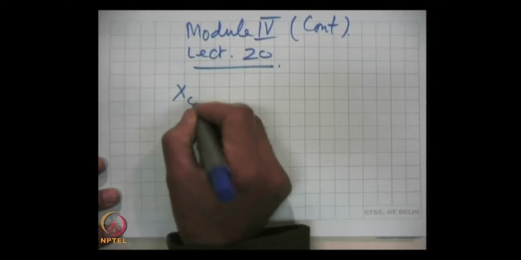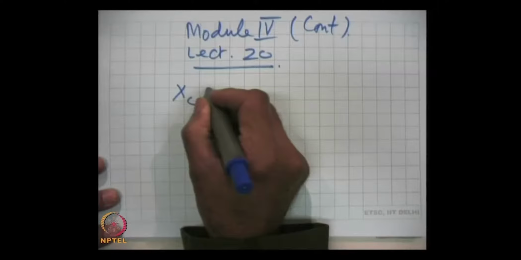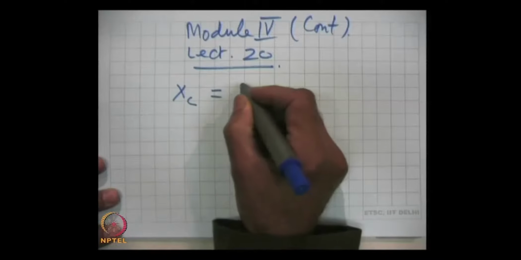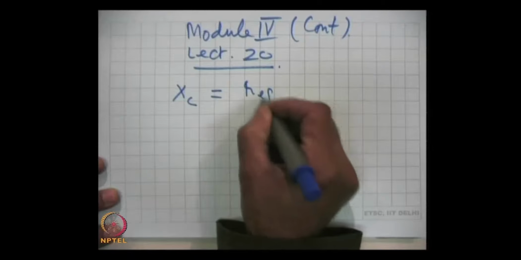The expression we arrived at, which we can put in a generalized form, is that the condition for cutoff is when the capacitive reactance is equal to the other serial resistances in the circuit.